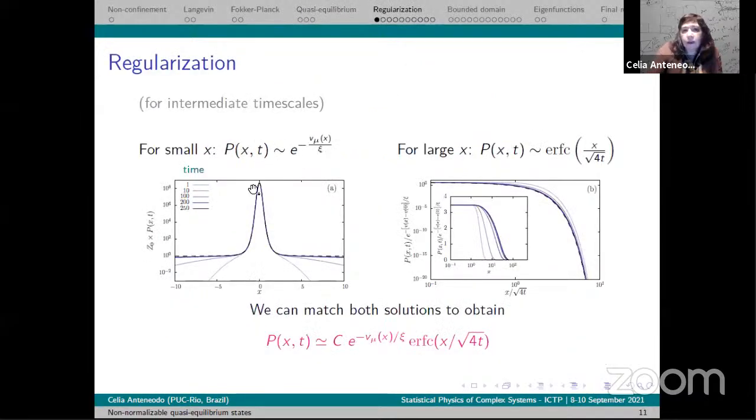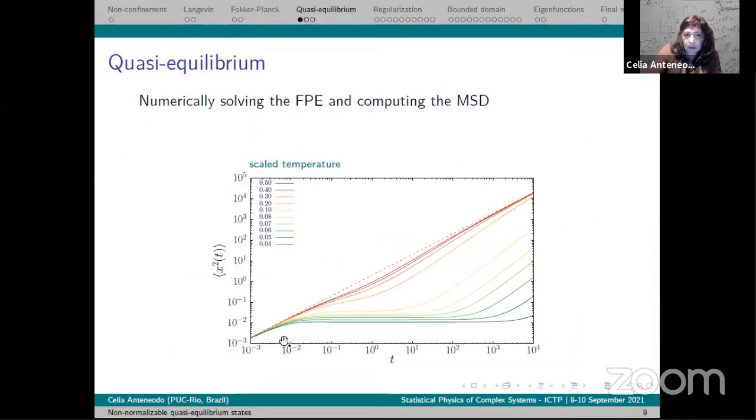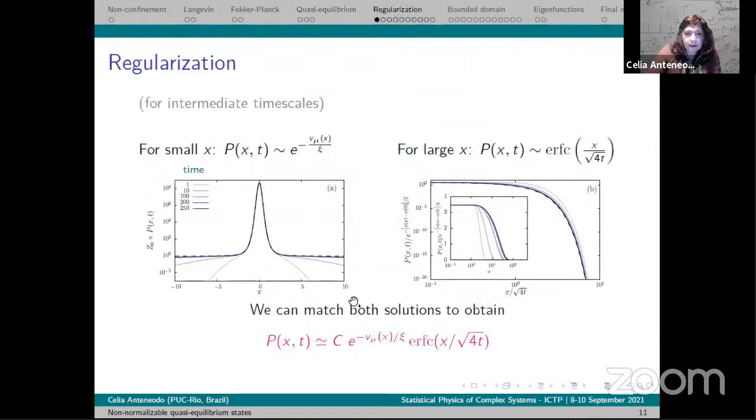So I will try to summarize how to perform the regularization procedure for these intermediate time scales. I will forget the initial and long times for which free diffusion is observed. We will try to describe this central region for intermediate time scales.